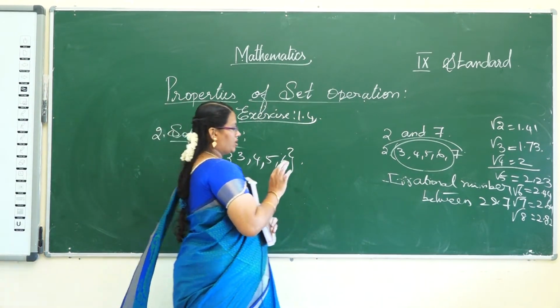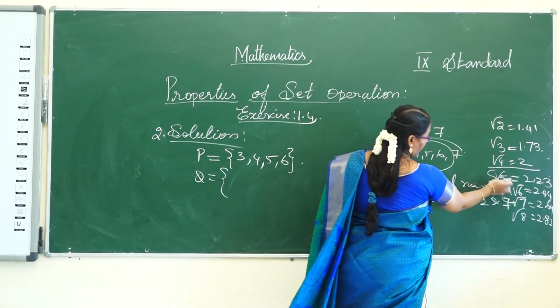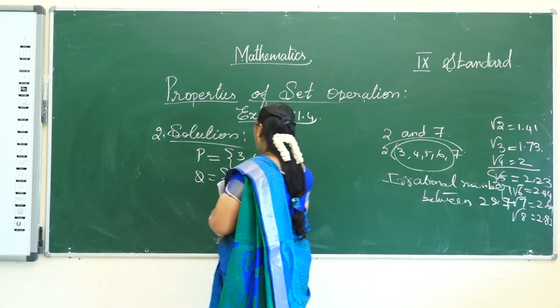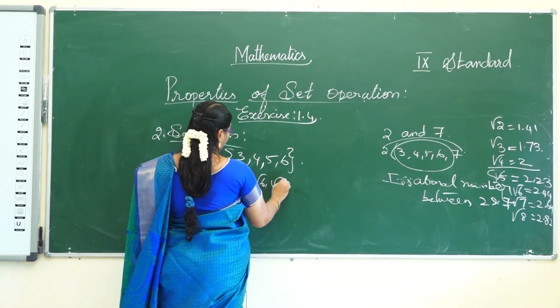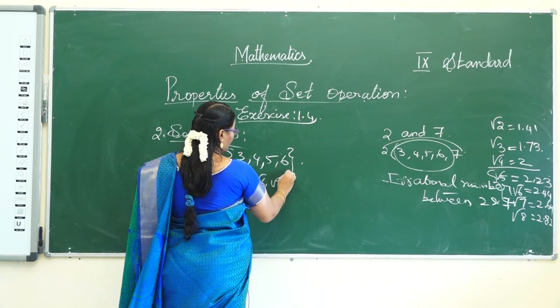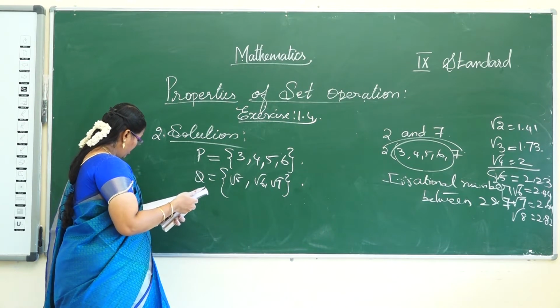We have considered just the first 3 irrational numbers: root 5, root 6 and root 7. So here, what do we find out?